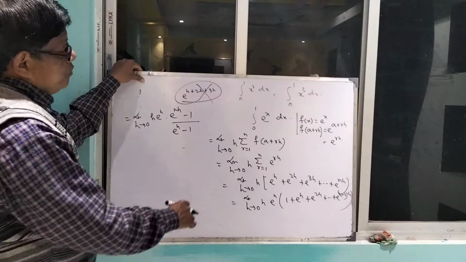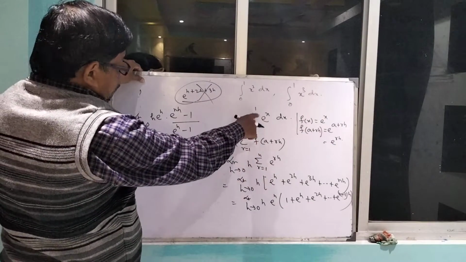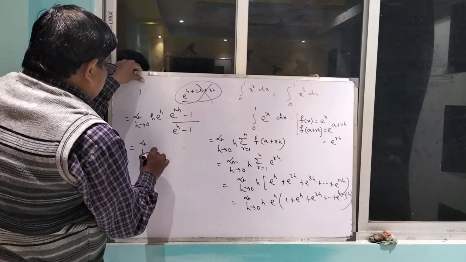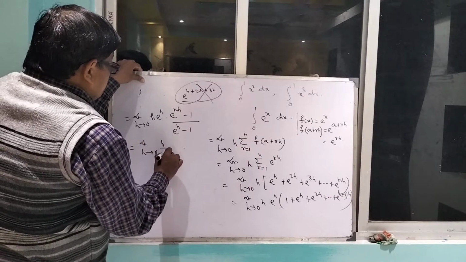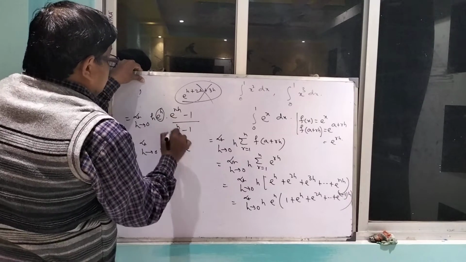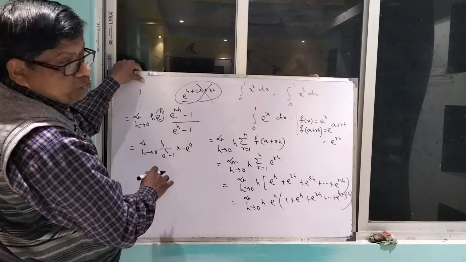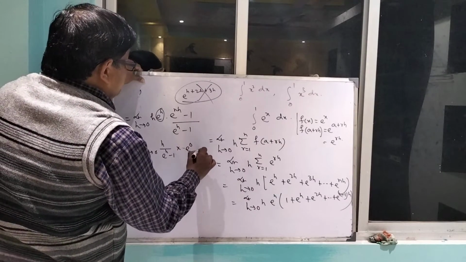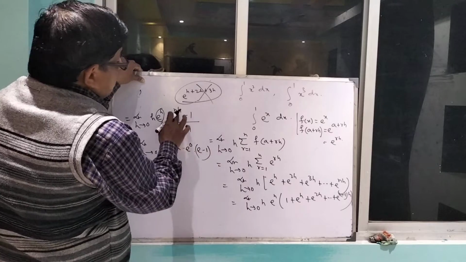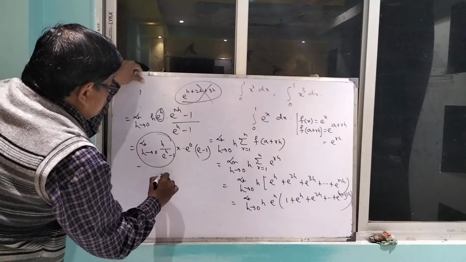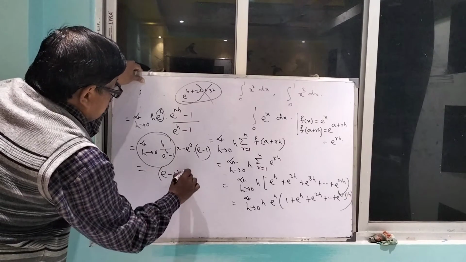Now the value of nh you know is 1. So limit h tends to 0, h by e to the power h minus 1, into e to the power h; here h tends to 0, e to the power 0 is 1, and this part will be e minus 1, since nh value is 1. Limit value is 1, so answer is e minus 1. This is the answer.